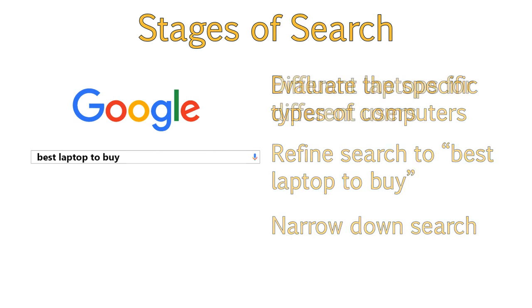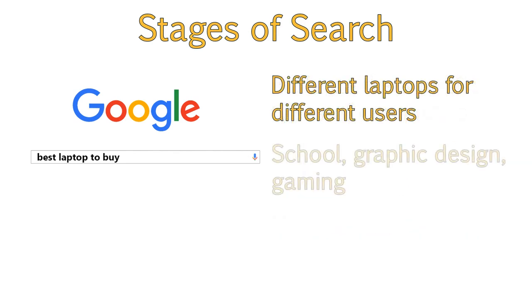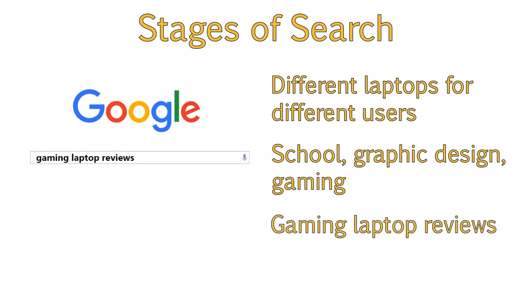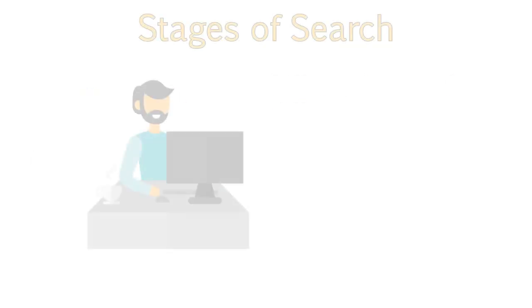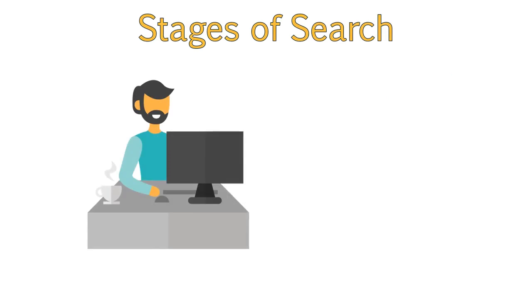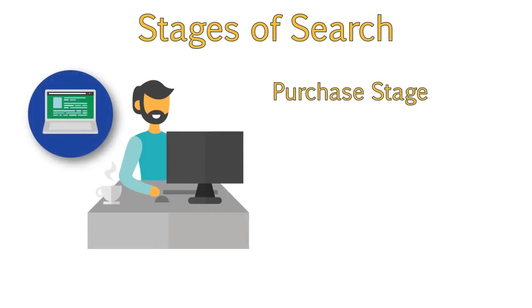There are different laptops for different uses, such as school, graphic design, or gaming. In this example, Tom decides he wants a gaming laptop, so he looks up "gaming laptop reviews" to help decide on a specific choice. After reading reviews, Tom has decided on a specific laptop brand and model that he wants.